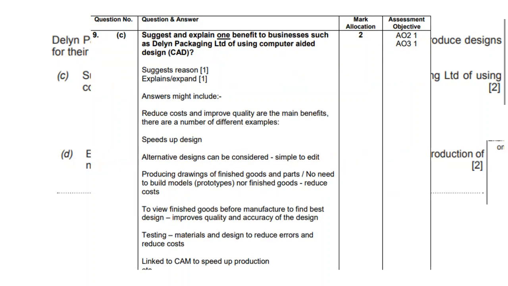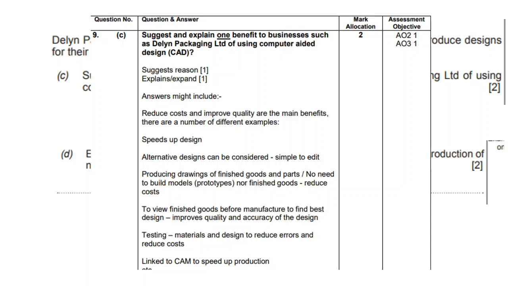The answers to those: for one benefit, you're looking at reducing the costs and improving the quantity and quality. There are a number of different examples, so it could be that it speeds up designs and alternative designs can be considered.